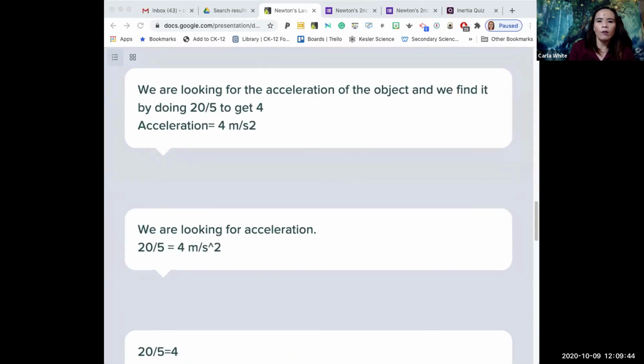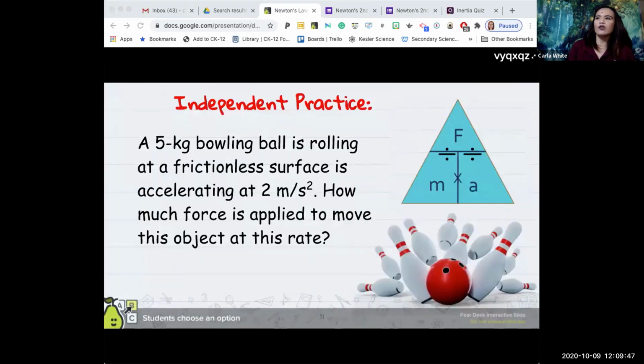Let's have one more. This time I'm gonna have you choose, okay? A 5 kilogram bowling ball is rolling on a frictionless surface and is accelerating at 2 meters per second squared. How much force is applied to move this object at this rate? So in our triangle, remember, we are going to cover up what's missing.